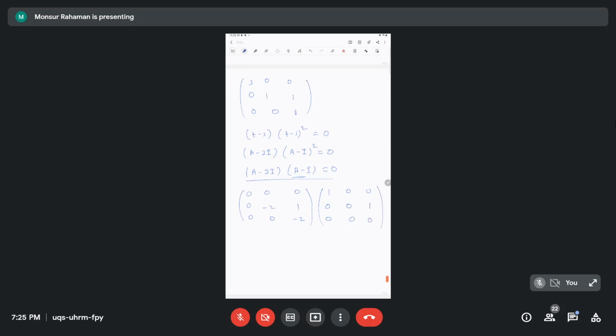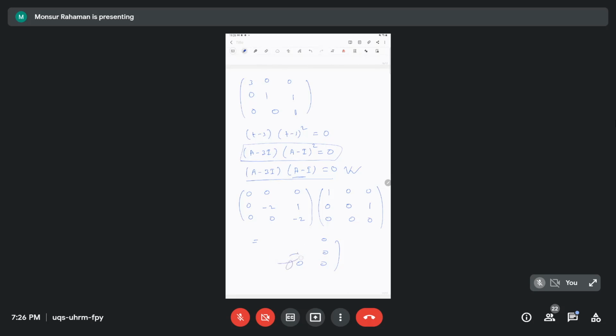Okay. If you multiply these two matrices and find the zero matrix, then obviously this is the minimal polynomial. Otherwise this is another possibility, so you don't need to check.